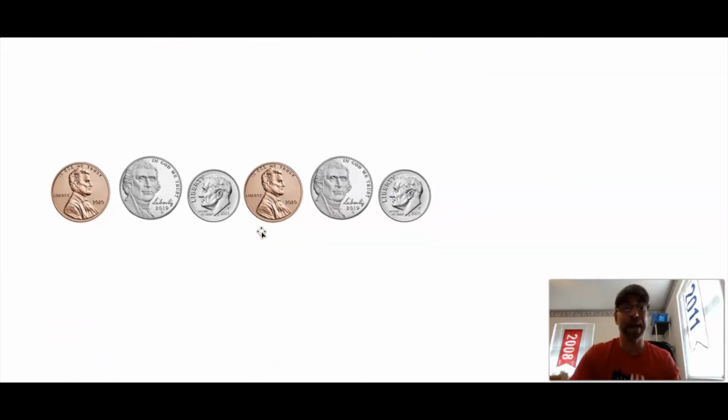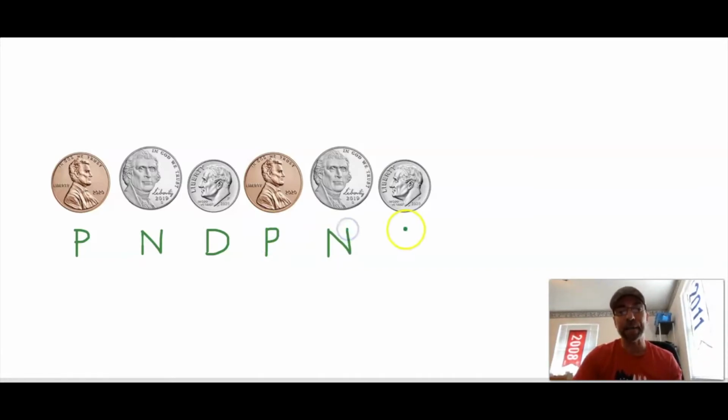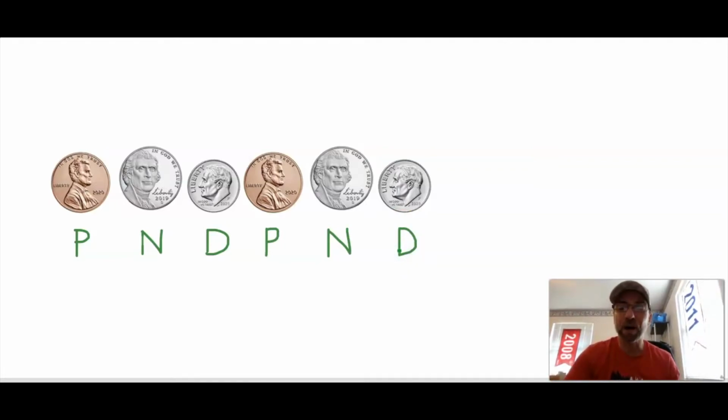And here's another pattern. This pattern involves coins. We have a penny, a nickel, and a dime. And we have a penny, a nickel, and a dime. Which coin do you think will come next in this pattern?